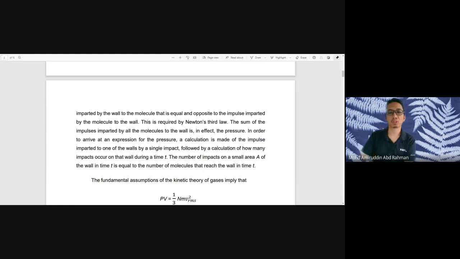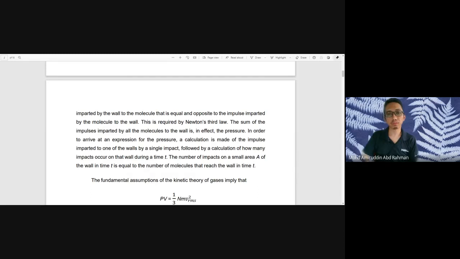The number of impacts on a small area A of the wall, so let's say your room is the area A, in time t is equal to the number of molecules that reach the wall in time t.